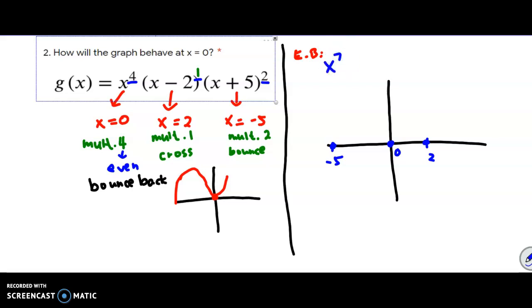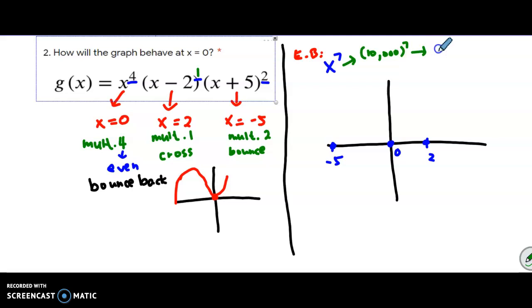So now you've got to do two things here. Okay, well, what if you have a large number to substitute in for x? So let's do 10,000 again. 10,000 to the 7th power. Okay, that's a big number. 10,000 to the 7th power, that's a positive.